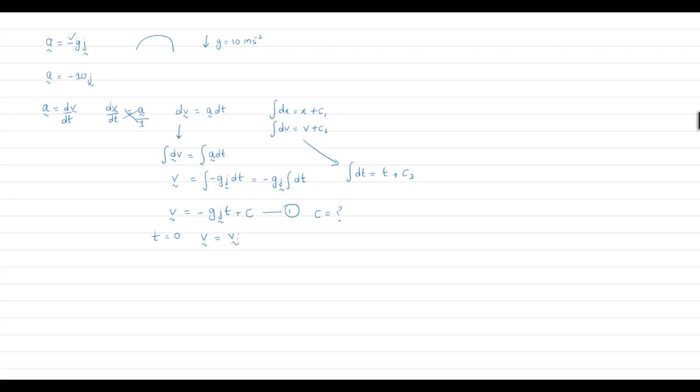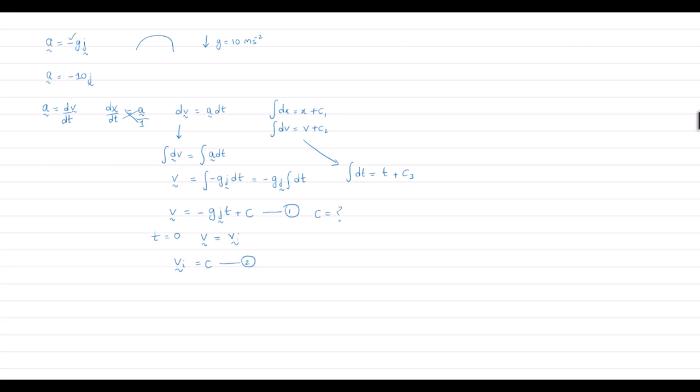And let me put this condition into equation 1, and therefore I will get initial velocity equal to, since t is 0, that whole term will be 0, and this will be c. So what we have found out just now is that the constant of integration c is nothing but equal to the initial velocity.